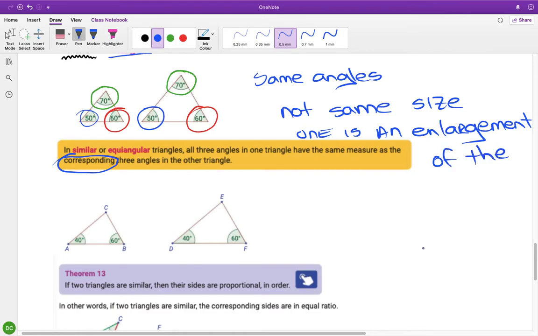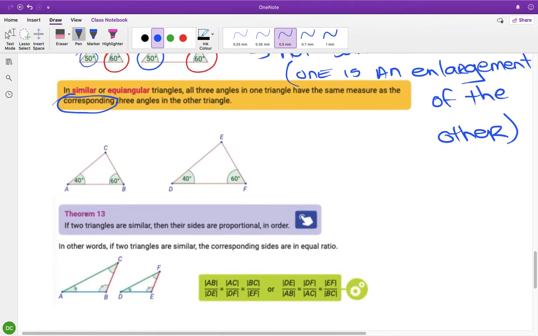The writing has slowed down to get back up to pace. So equiangular or similar triangles have the same angles, but they are not the same size. And generally speaking, one is an enlargement of the other. It's just like one of them was bumped up to times 2 or times 3 or times 4. It's just a bigger version of the little triangle.